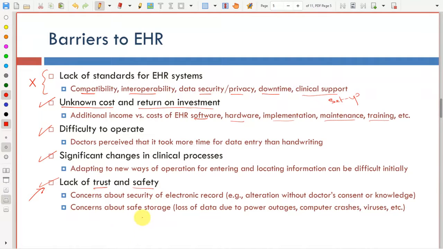If you talk about safe storage, you're talking about loss of data due to power outages, computer crashes, viruses, things of that sort. Power outages, of course, were a concern because maybe 20 years ago computers and storage devices were not as reliable. People were worried that the data might be there, but might not be accessible when you need it. So this was a concern.